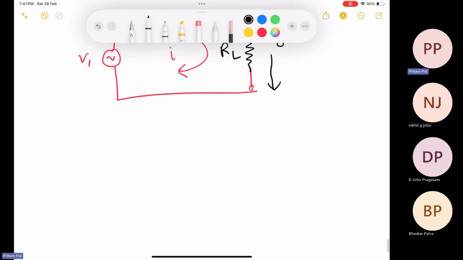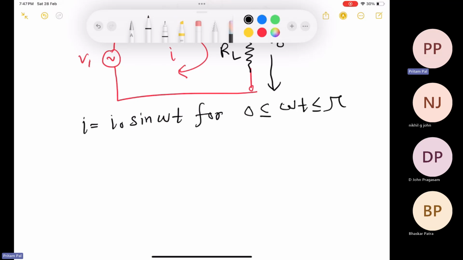So let's say my input is written as I naught sine omega t. For the first half cycle, it will allow the current to pass, and for the other half, it will block. So that is why it is half wave. For the other half of the sinusoidal wave, it will block it.